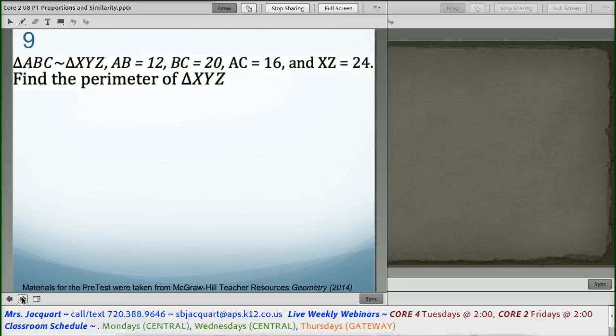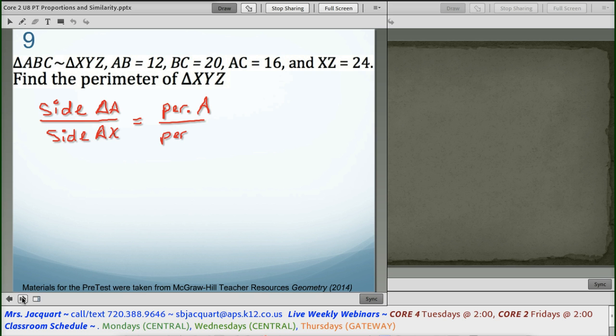The way that we can find the perimeter is we can do a side of the triangle A over a side of triangle X, and that will equal perimeter of A over perimeter of X. Okay, so let's find out what we know. We know a side of A and a side of X.